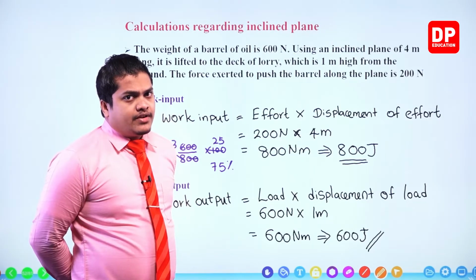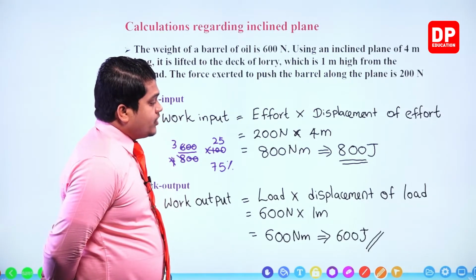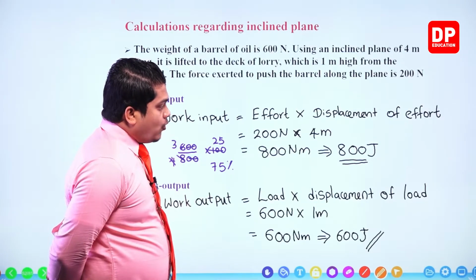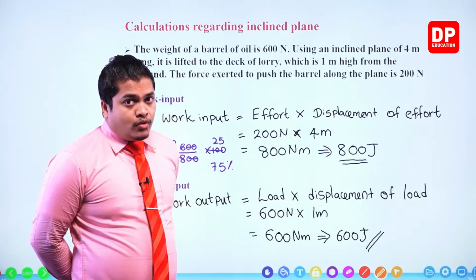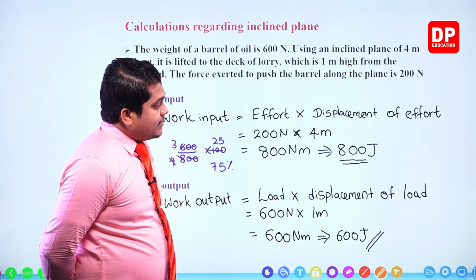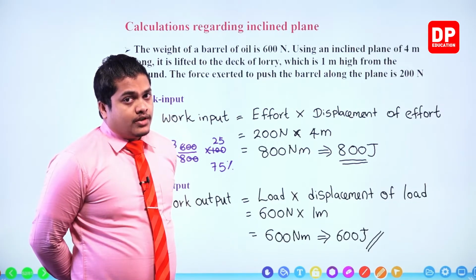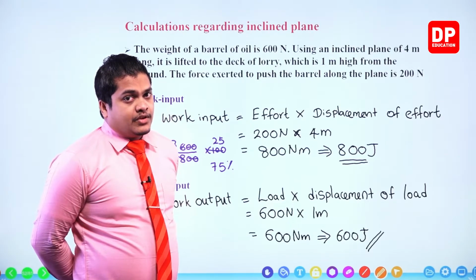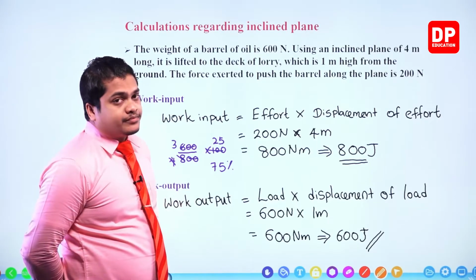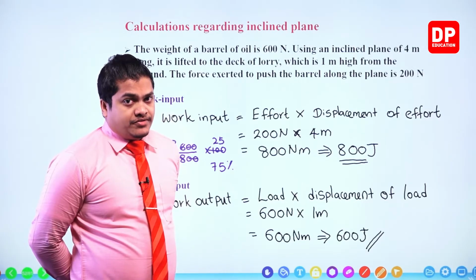Or else, like I did here, you can get the work input and the work output, divide the work output by the work input, and multiply that value by 100 to find the efficiency. So I have found it by using that one also.